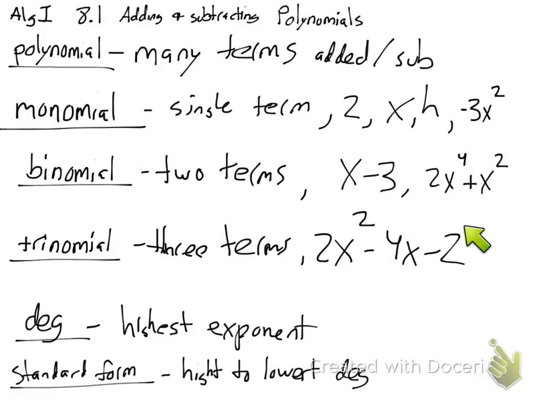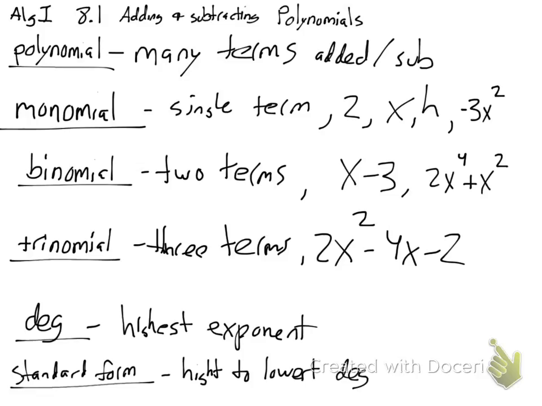Because the highest exponent of all of them is a 2. That's the degree. This is also what I consider to be standard form. Why? Because the one with the highest power exponent is first, which is a 2, and then we go to the x's, which has a little 1 there that's not seen. That's the next highest exponent, and then it goes to the constant. Remember, the constant has a 0 exponent on the variable. So therefore, 2, 1, 0. This is in standard form. If it was out of order, that wouldn't be standard form.